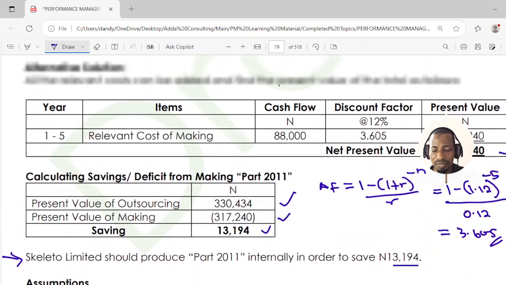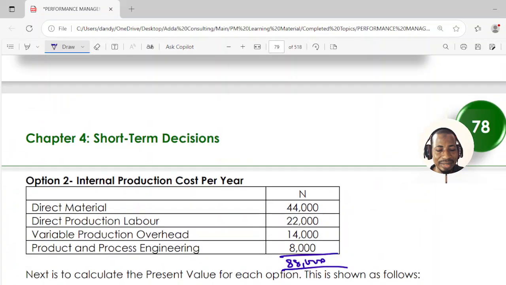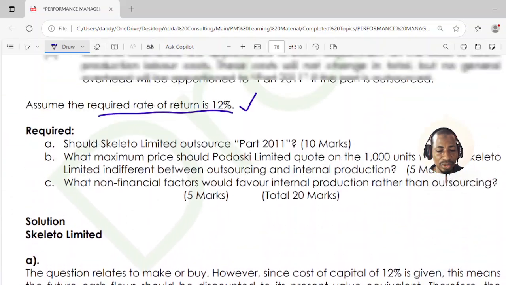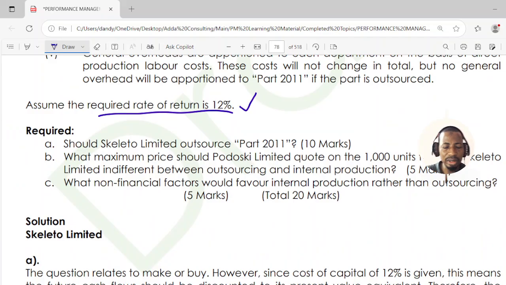In number B of the question, the examiner is asking you, what maximum price should Podolsky Limited quote on the 1,000 units to make Skeletal Limited indifferent between outsourcing and internal production?